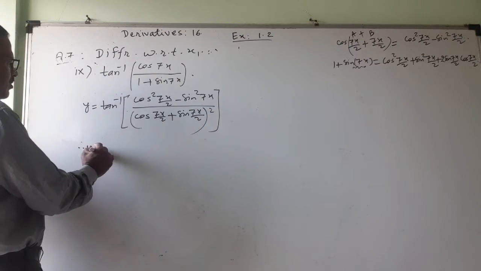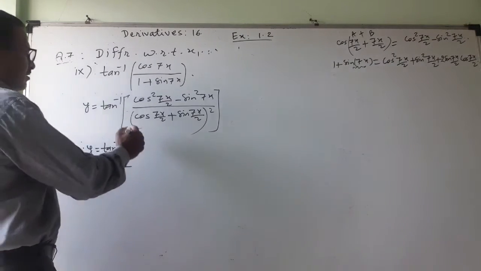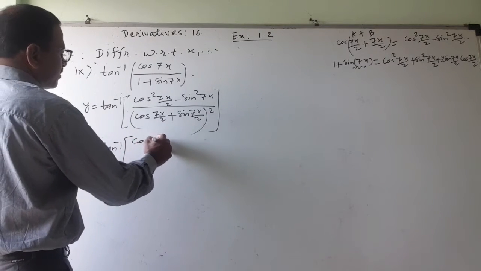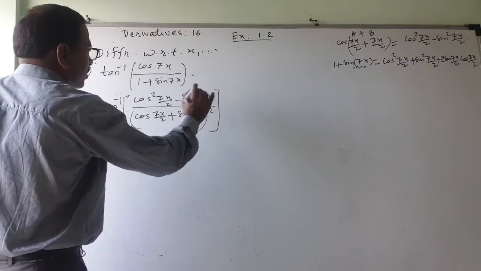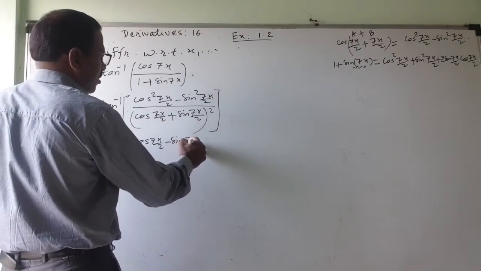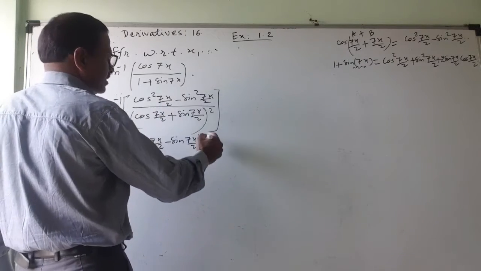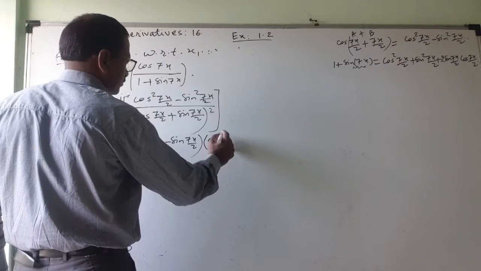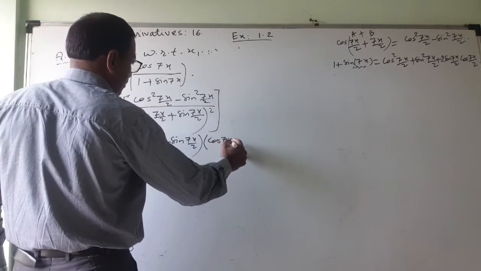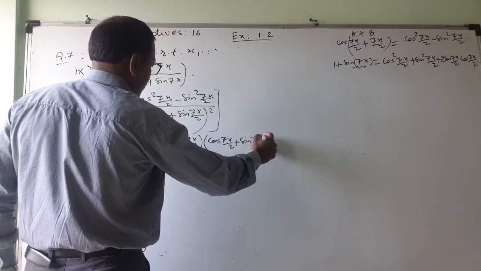Therefore y is equal to tan inverse of, now this is cos of 7x by 2 minus sine of 7x by 2 into another bracket, a square minus b square, cos of 7x by 2 plus sine of 7x by 2.